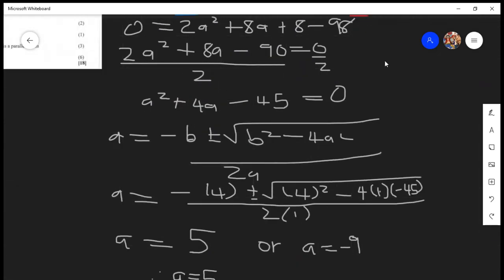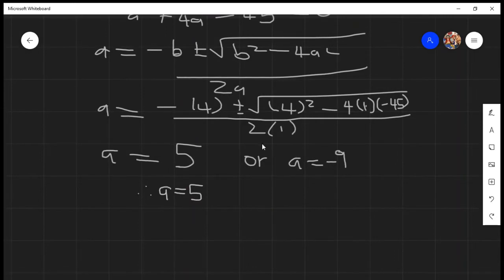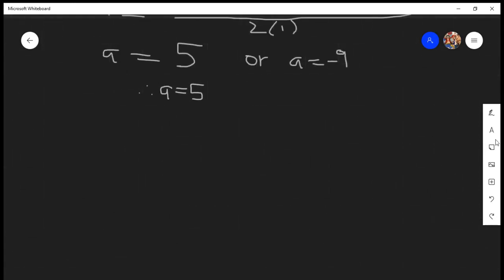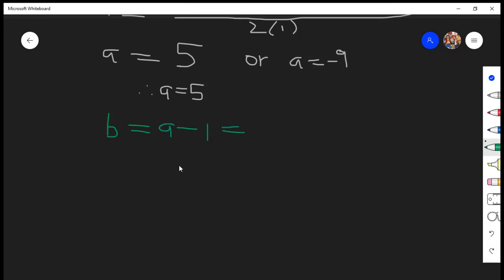Okay, so we have our A value, right? So now what we need to do is we need to calculate a B value. So our B value, we calculate from our previous equation A minus 1, which is then equal to our value of A, 5 minus 1, and our B value is thus 4, okay, equals to 4.